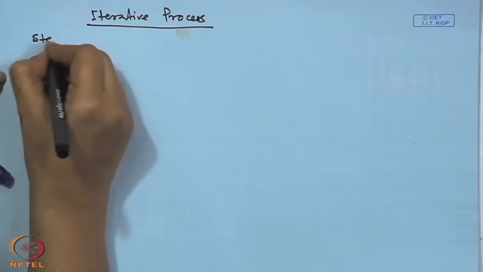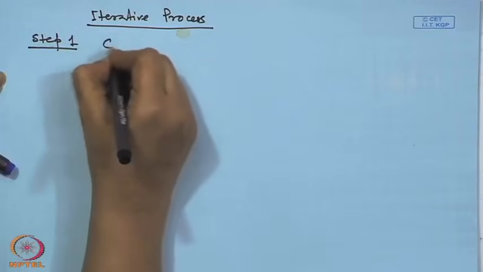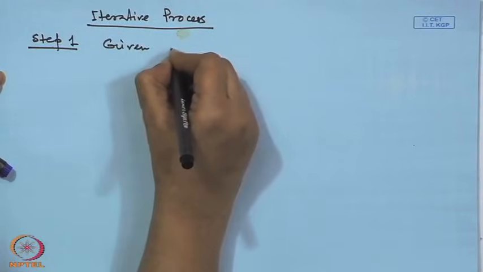Step 1, it is only given the initial interval of uncertainty.